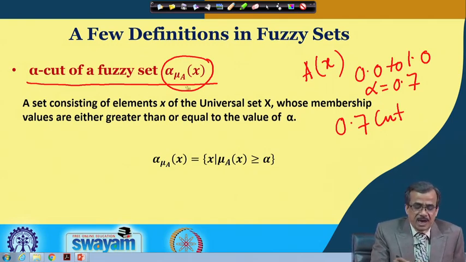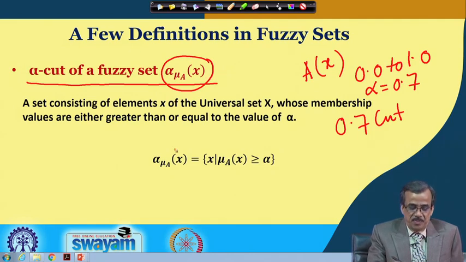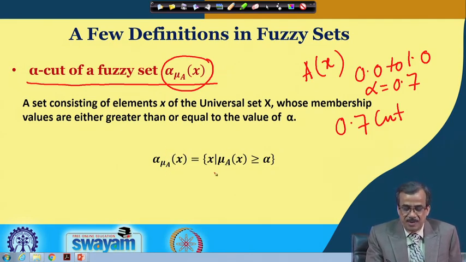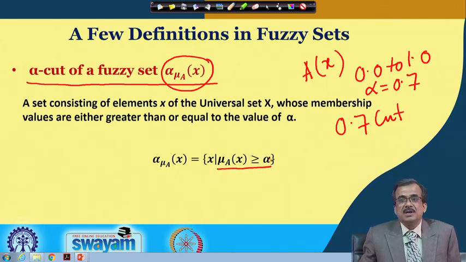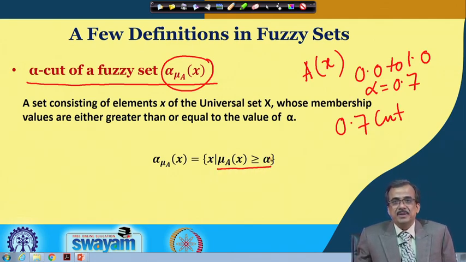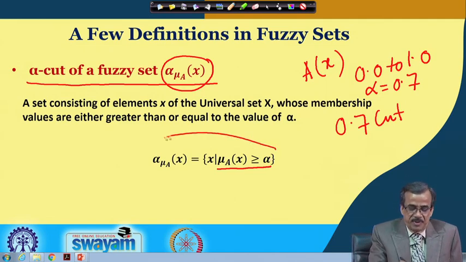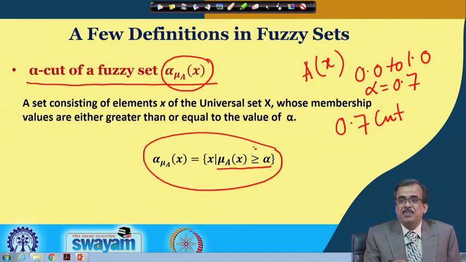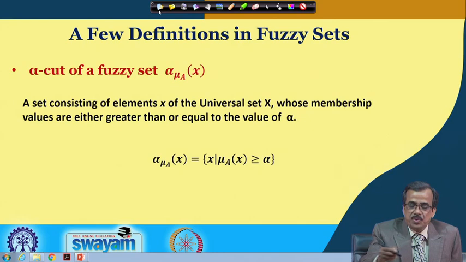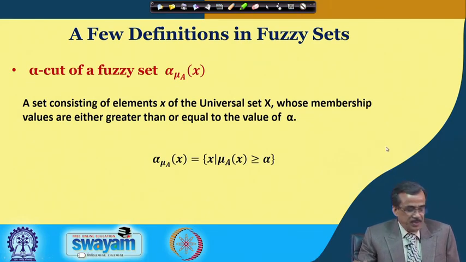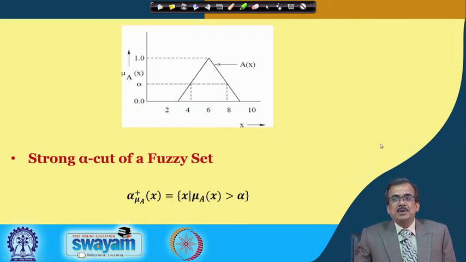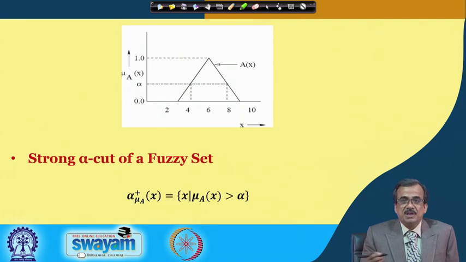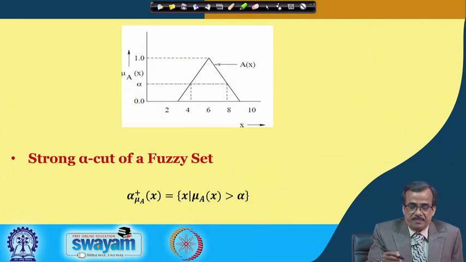Now, let us see how to define it. This alpha cut of a fuzzy set, which is represented by alpha mu A(x), is nothing but x such that mu A(x) is greater than or equal to alpha. So, this is actually the definition of the alpha cut. Now, I am just going to take one example to tell you what we mean by this definition of alpha cut.